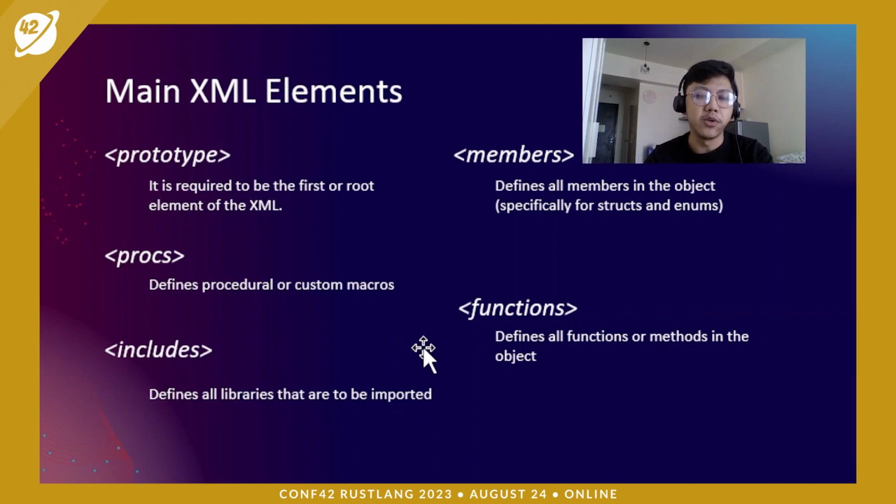Apart from setters, getters, and constructors, which are already automatically generated after we run the rustxml tool, we can also declare other functions that we intend to use. If you want to add another function name, integrate with foobar, or whatever you want.